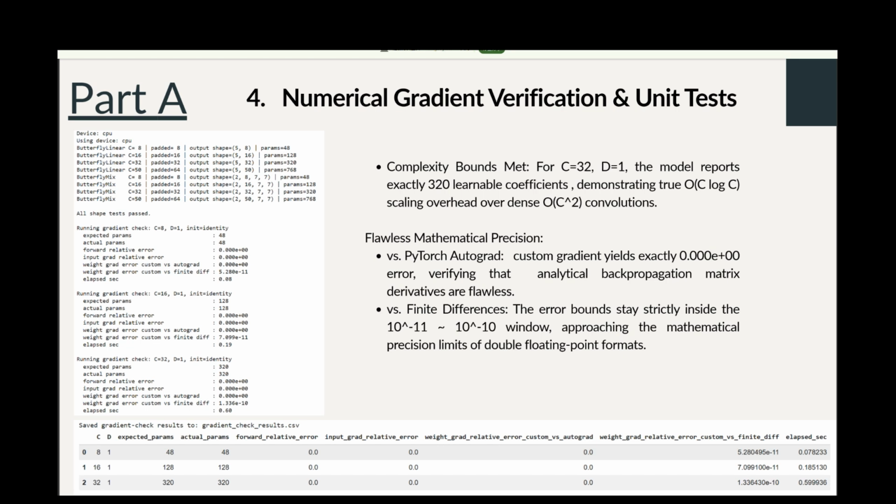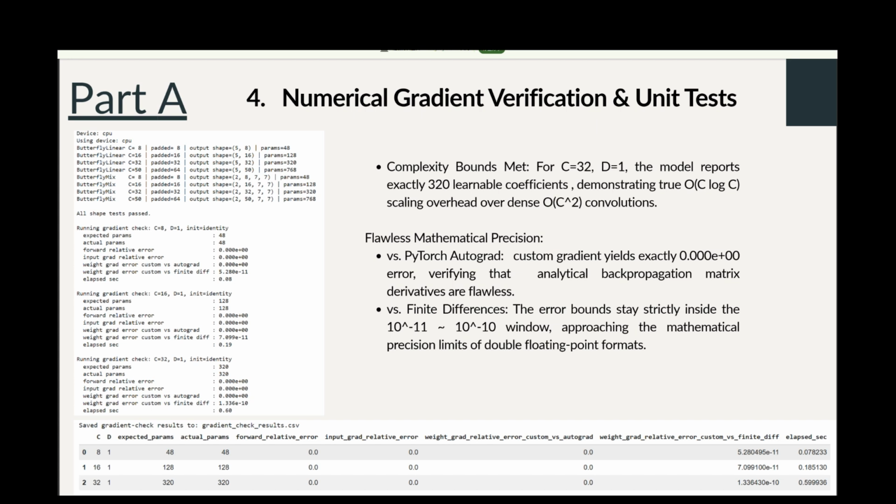Second, our analytical backward pass yields a relative gradient error of exactly zero when verified against PyTorch native autograd.